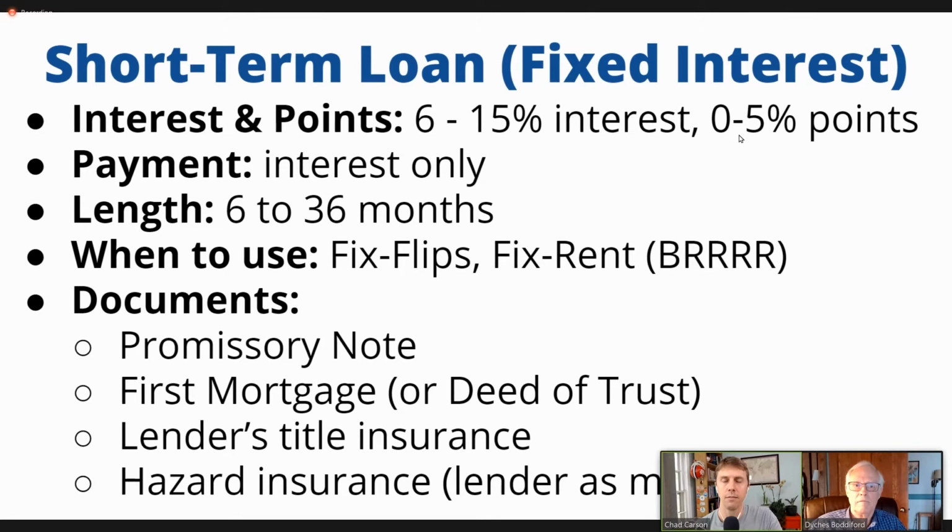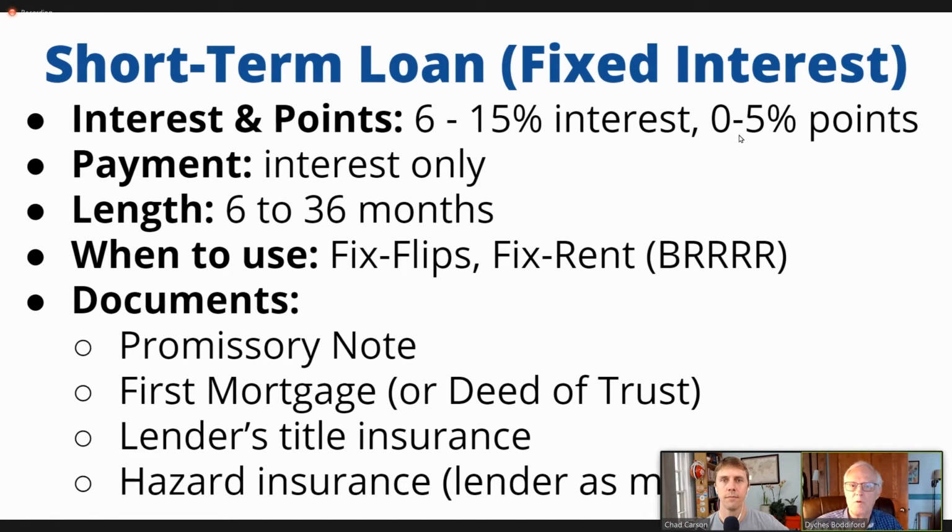And Dykes, how would you define a point? I know I've always explained those, but what's the difference between interest rates and points? A point is not time considered like interest is. Interest accrues over a period of time, whatever rate is set. A point is a multiplication at one point in time.